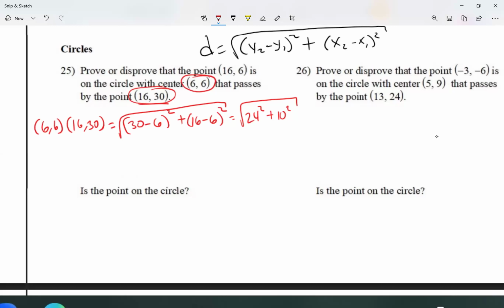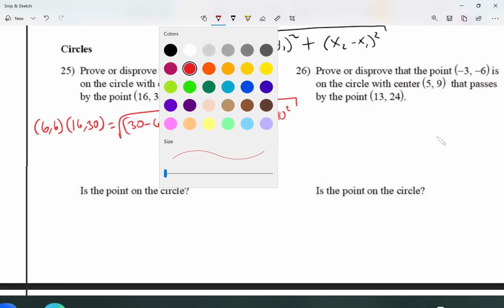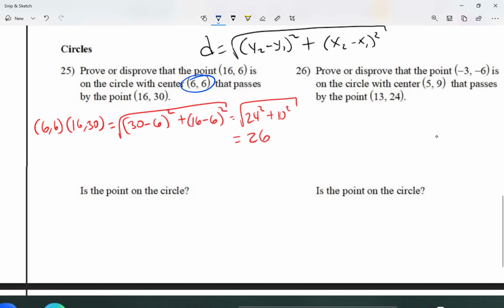I'm not gonna show how to do it. I think I've shown you guys enough. I'm just gonna type it in. Square root of 24 squared plus 10 squared. And this thing tells me 26. Okay, the radius is 26. I just found that out. Good. Now, what I'm going to do is use the center of the circle and the other point.